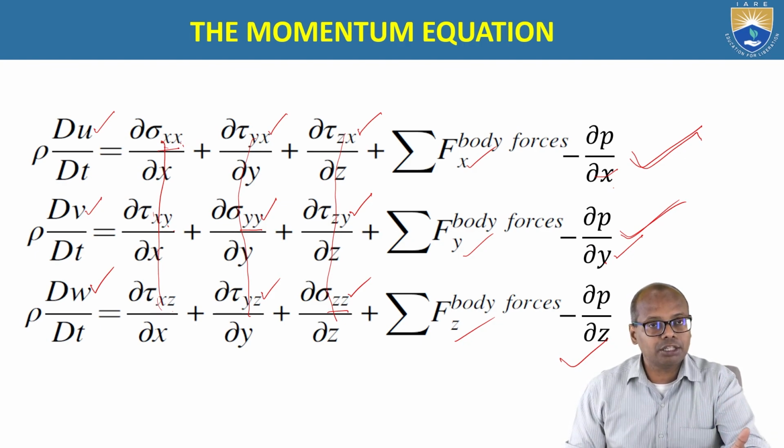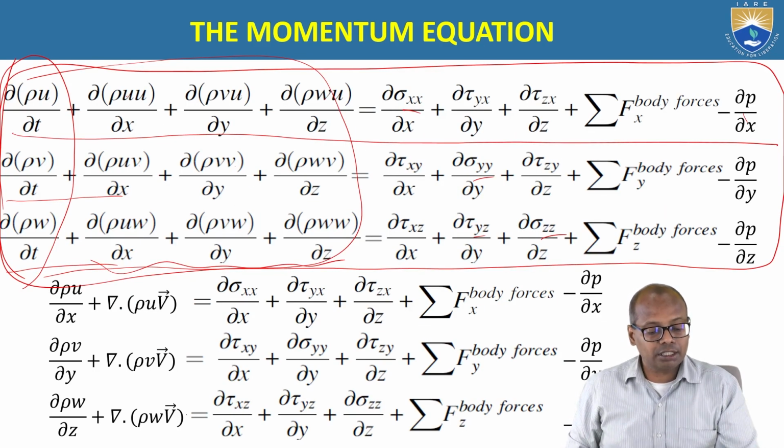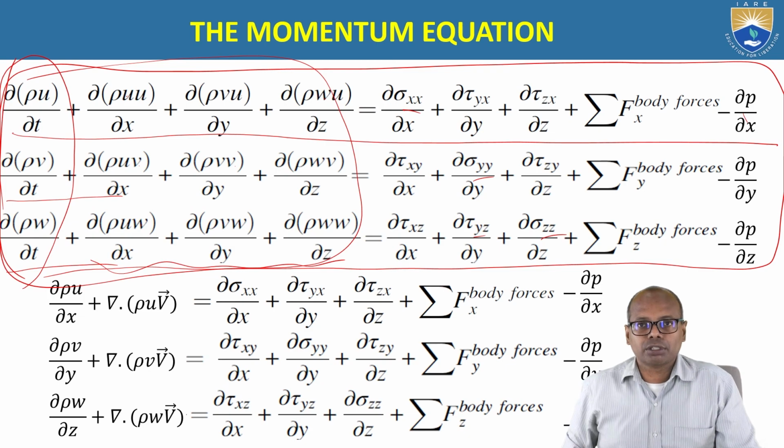If I add the continuity equation on this left hand side, it will become the conservative form like this, and it can be written in vectorial form like del dot ρu v bar, del dot ρv v bar, del dot ρw v bar. So this is the equation. So this is about the momentum equation.